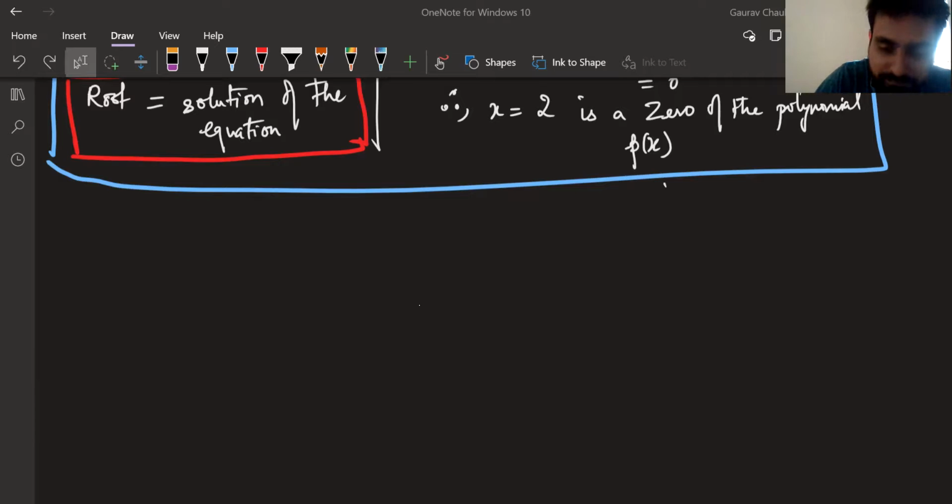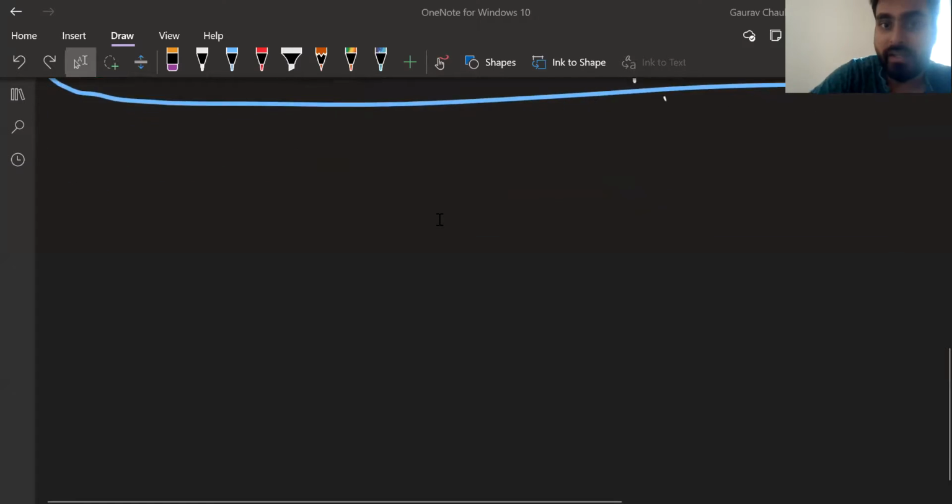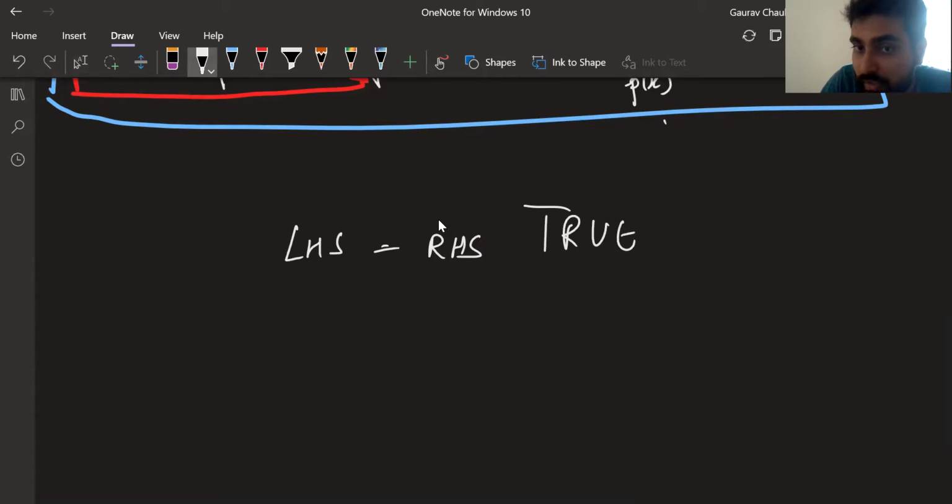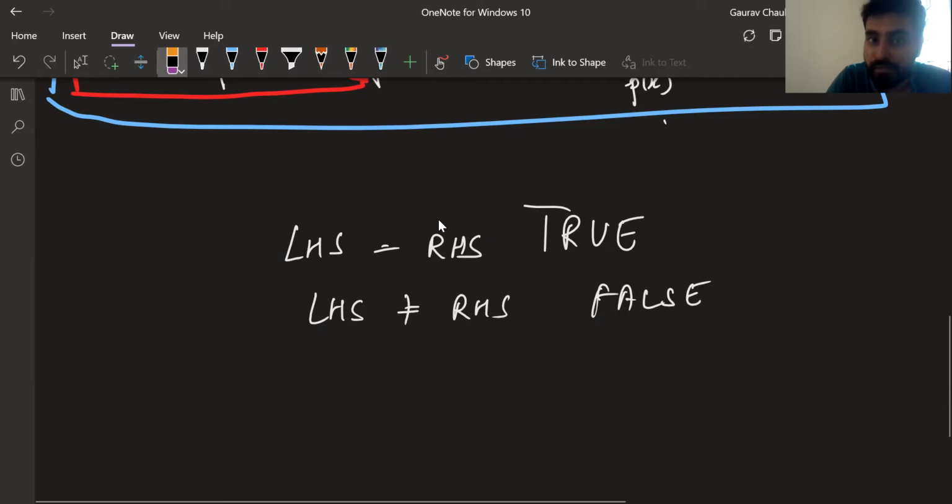Manisha, you want to complete it? Yes, sir. The equation will become true. True. When LHS is equal to RHS, it means it is true. If it is not equal, it means the statement is false. It means the equation is false.